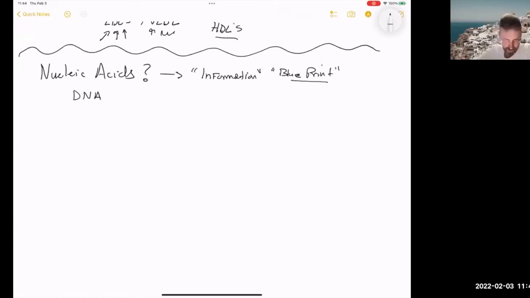And so typically, and this is not specific to all organisms, but we're going to specifically talk about what are called eukaryotic organisms. Eukaryotic organisms are organisms that have a well-defined nucleus in the cell. There are other organisms called prokaryotic organisms like bacteria, archaea that do not have a nucleus, and they are a little different.